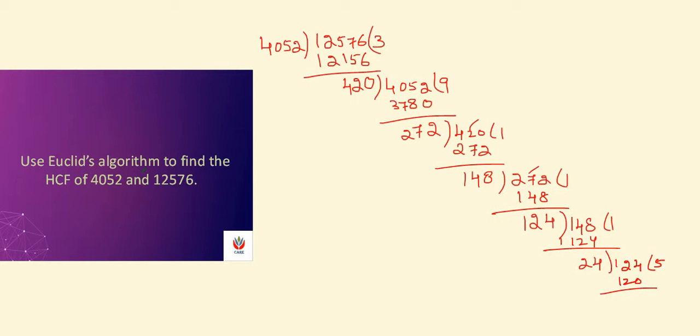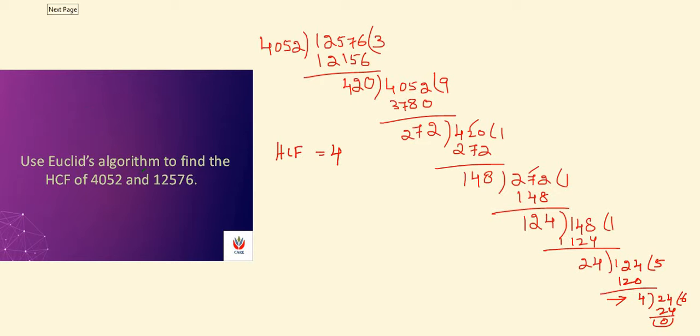24, 5 times is 120, 4 as a remainder. Still need to continue with 24. So 6 4s are 24. Here you are getting 0, so we need to stop the process. Now, when you are getting 0 by dividing with 4, this 4 we can call the HCF of these numbers.